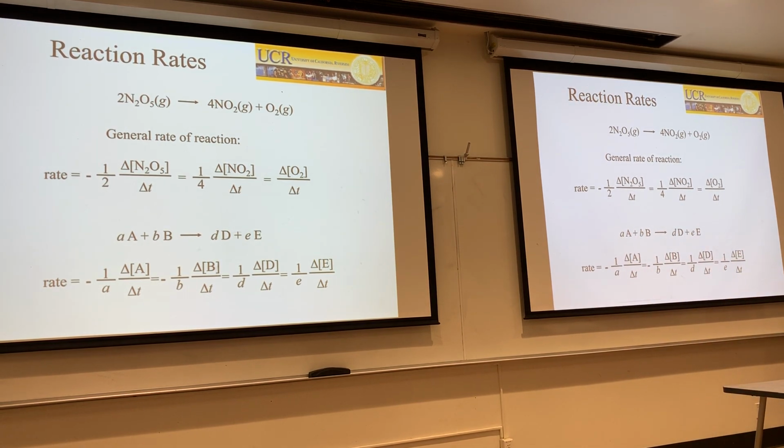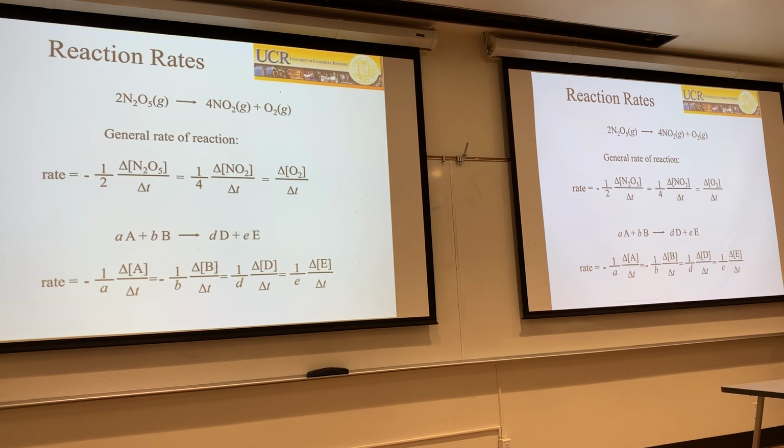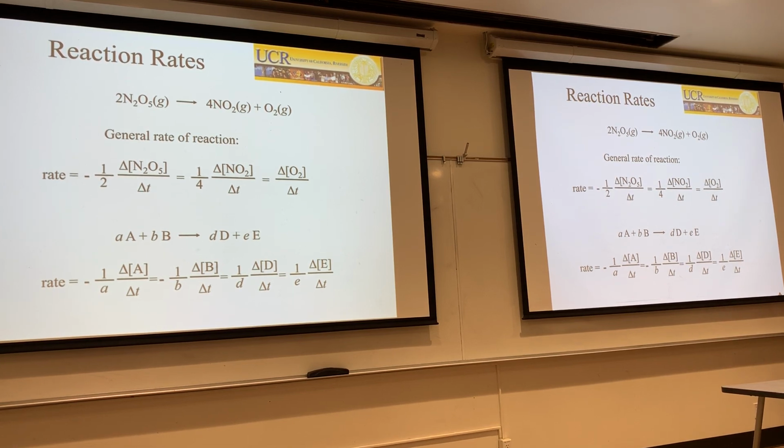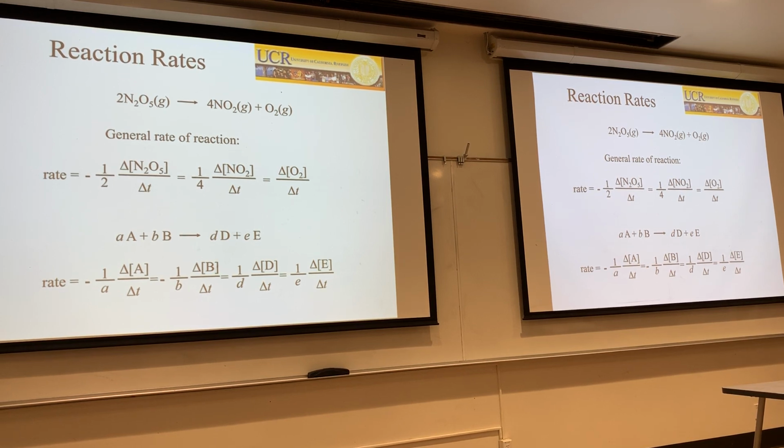So the rate of the reaction is defined based on how you write your equation. If you write it in any other way, you get a different rate of your reaction. So you always need to be crucially aware of the context in which you write about reactions. Otherwise, your calculations make no sense. They always refer to a particular way of writing that reaction.